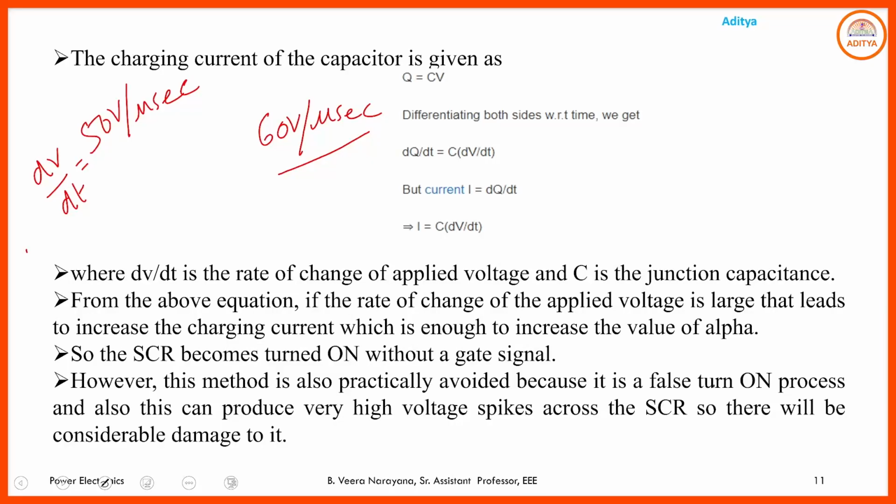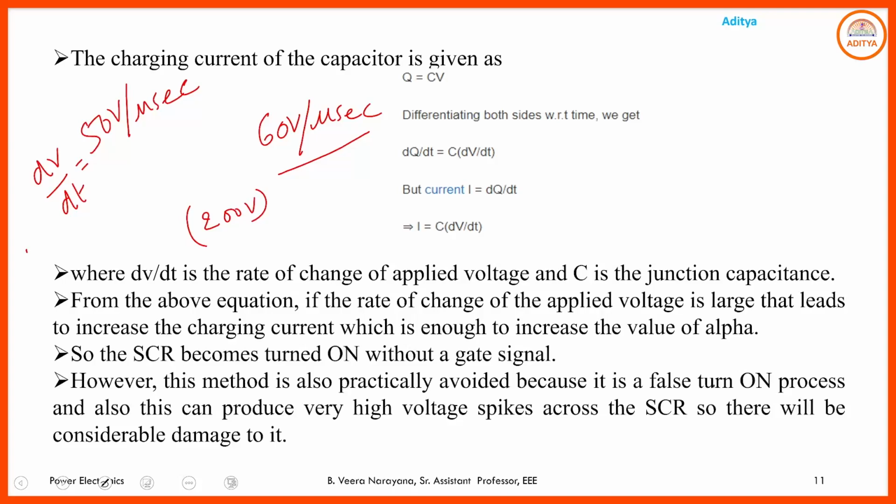Here the input voltage is taken as 200 volts. Even though you take a low amount of voltage across the SCR, if the rate of change of voltage across the SCR exceeds its rating, then there may be a chance the SCR may come to the on state.